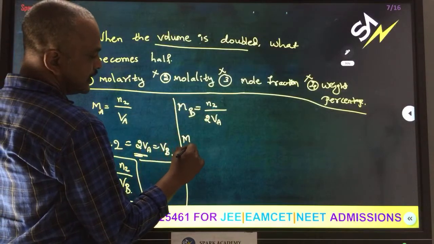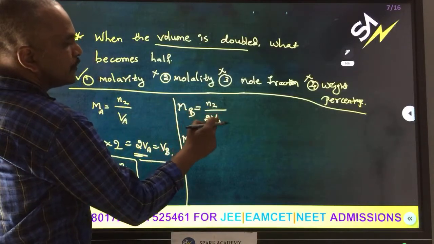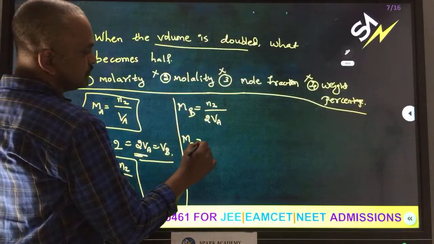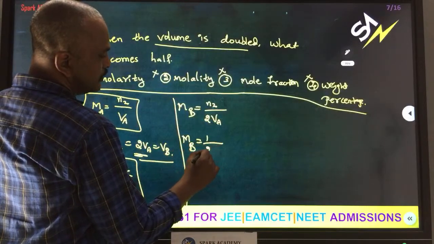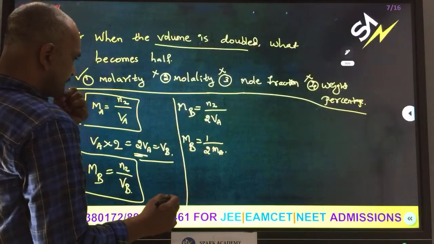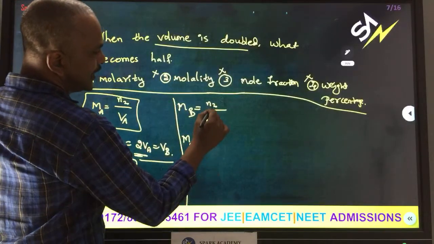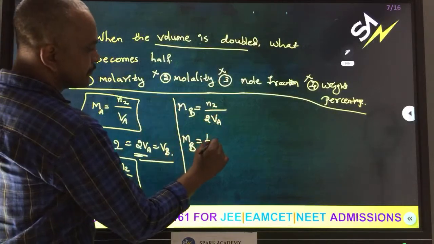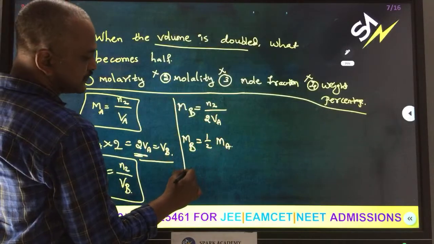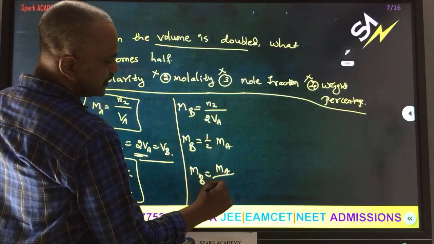Next. Mb equals n2 by Va, and n2 by Va equals Ma. Okay. So 1 by 2 Ma, this one we can write here. So half into Ma, directly we can write Mb equals Ma by 2.